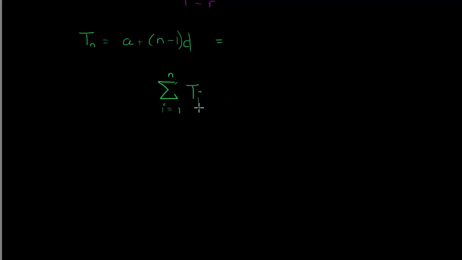All we now need to do is find the general term for this specific expression. Instead of n, just use i, and then I need to find out how many terms there are, which is n. Then I need Ti, which is a, the first term, plus (i minus 1)d.